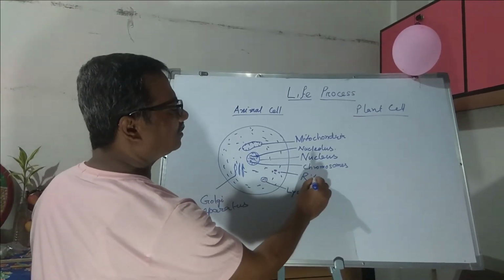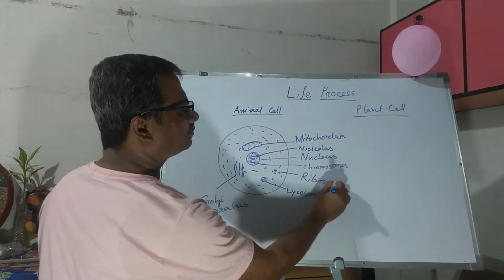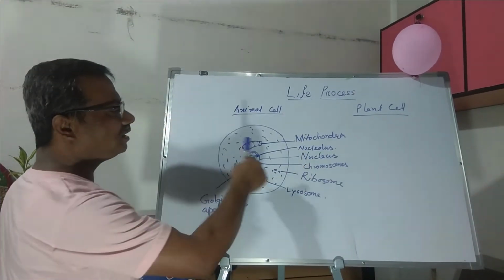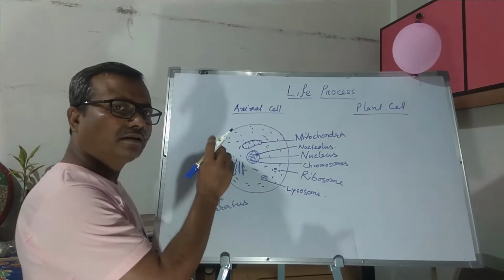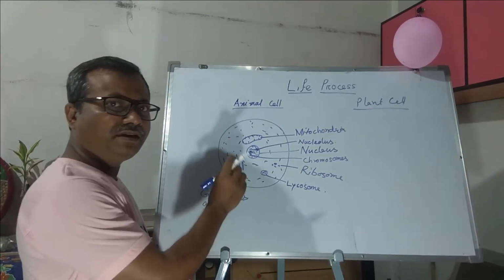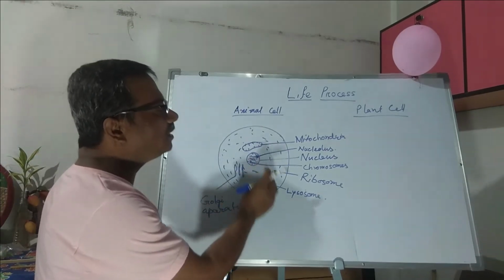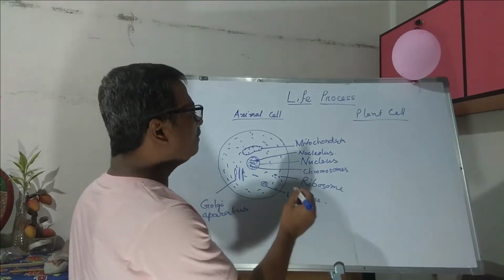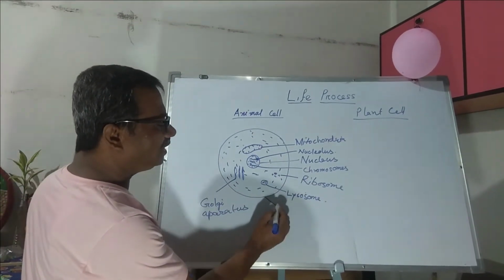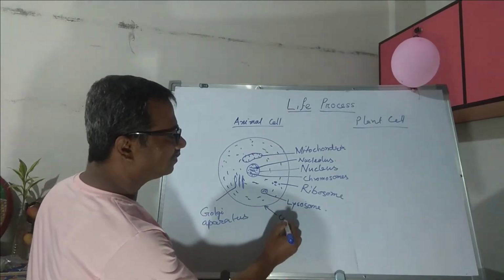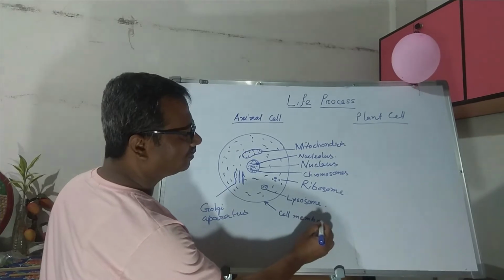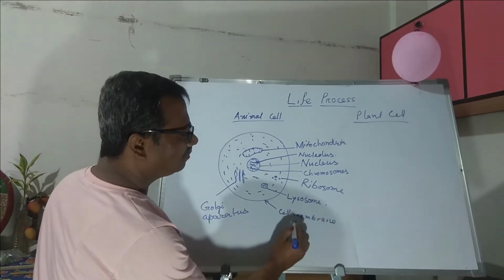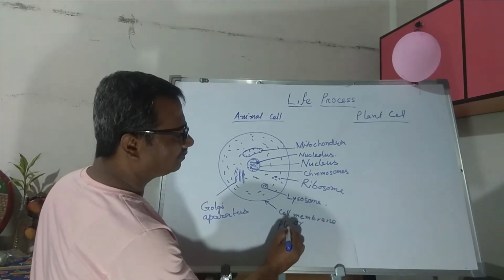Ribosome, etc. are the cell organelles. That means tiny cell organs are called organelles. Now this is called cell membrane, or plasma membrane.